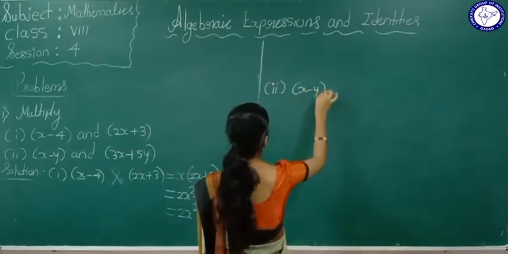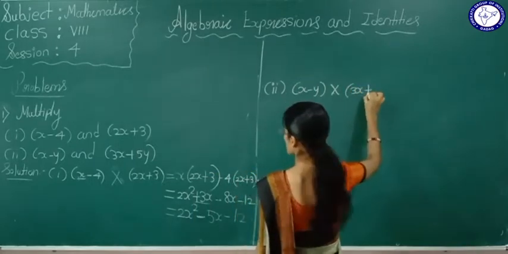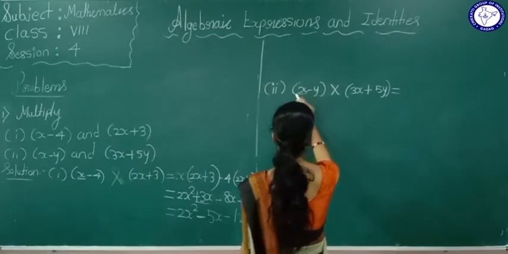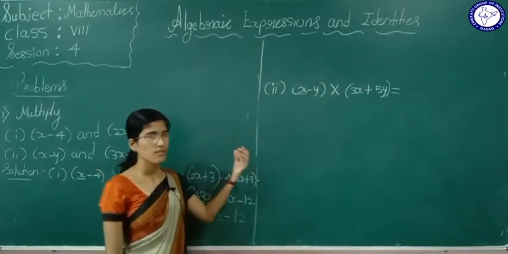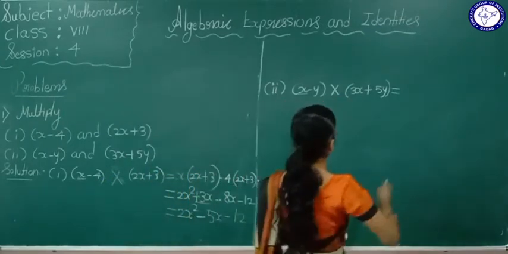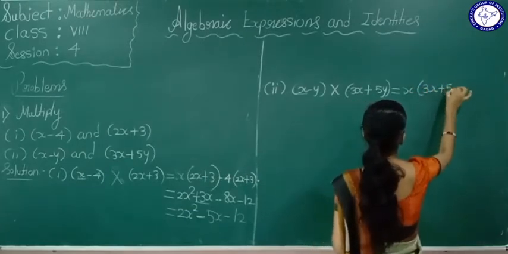x minus y multiplied by 3x plus 5y is equal to multiply each term of this binomial with every term of the other binomial. Now see how to do. x multiplied by 3x plus 5y.